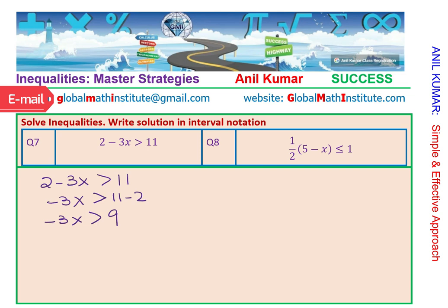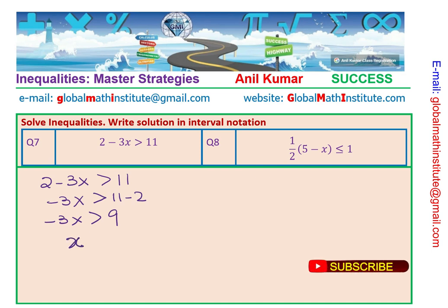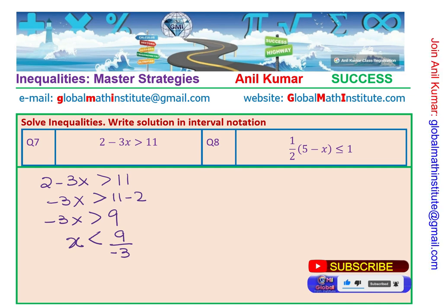Now we have to divide by minus 3. Now division by minus 3 is very, very critical. Imagine this. If 5 is greater than 3, then minus 5 is less than minus 3. So this is important to mention. So now if I divide by minus 3, I get x is less than 9 divided by minus 3. Division by negative or multiplication by a negative number reverses the sign.